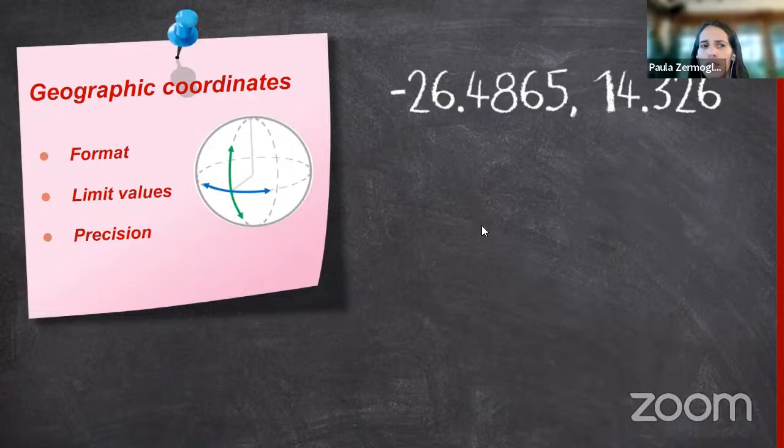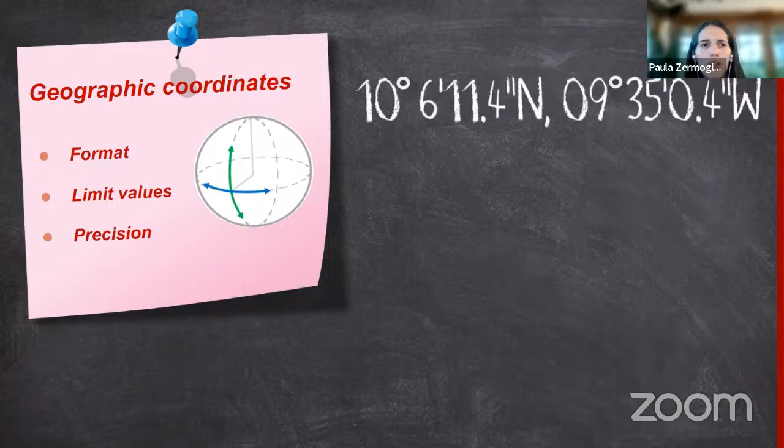Should I go to the next one? So in this one, we want you to do exactly the same, to provide the format and the precision of this pair of coordinates.